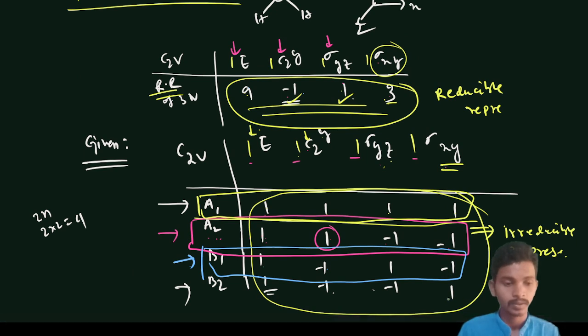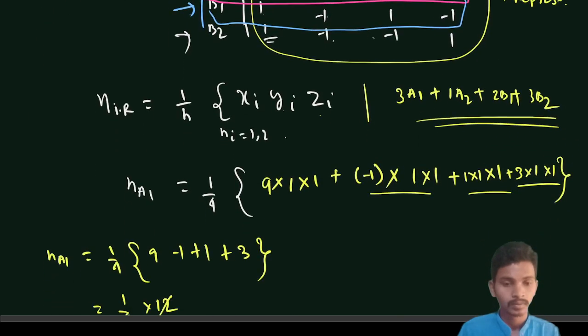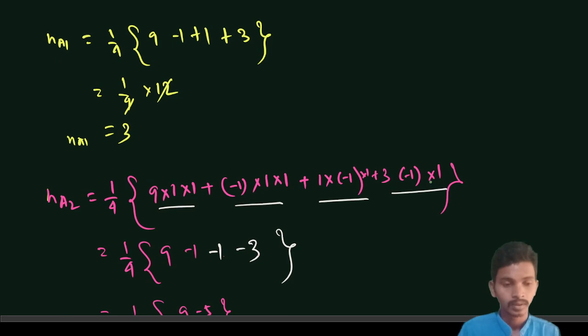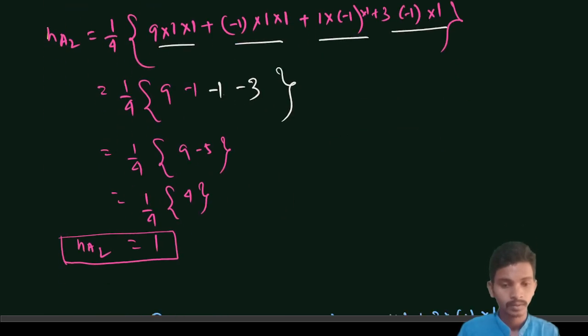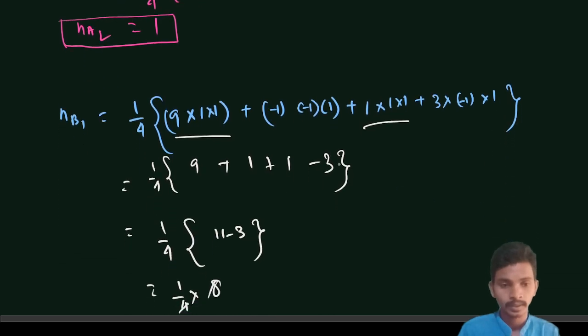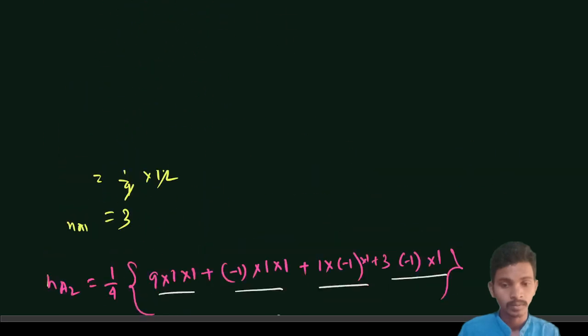-1 -1 -1 and 1. Three -1 and 1, and here I think something -1 1 -1 1 -1, D1 is -1.